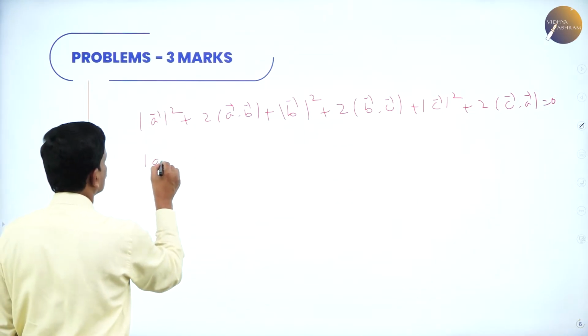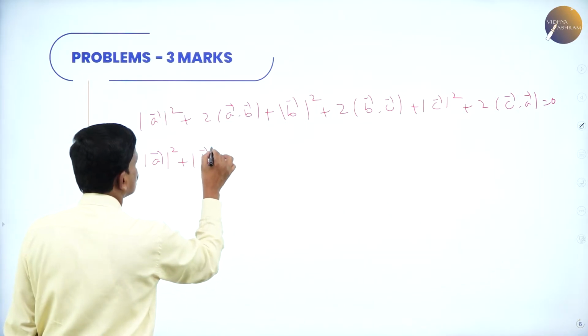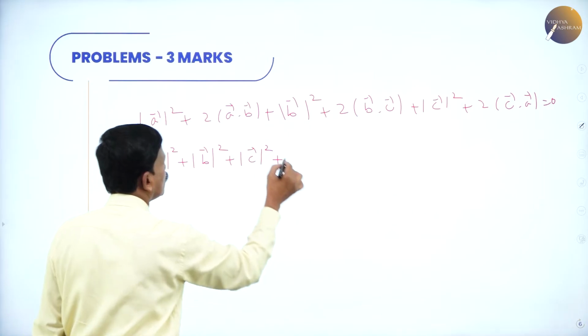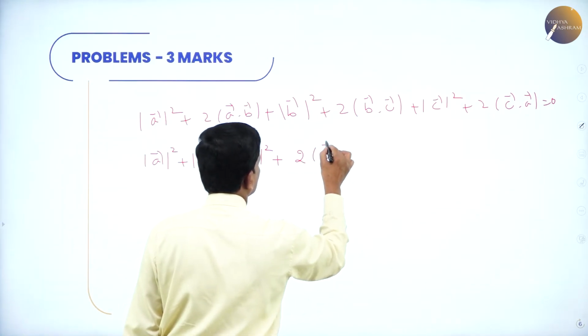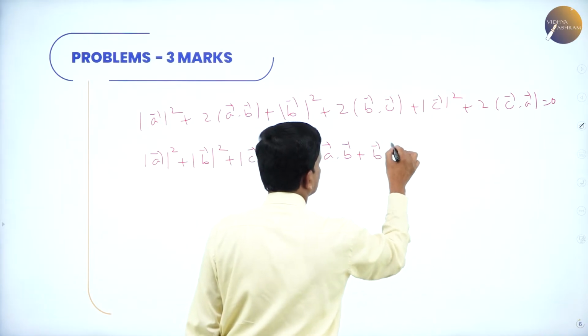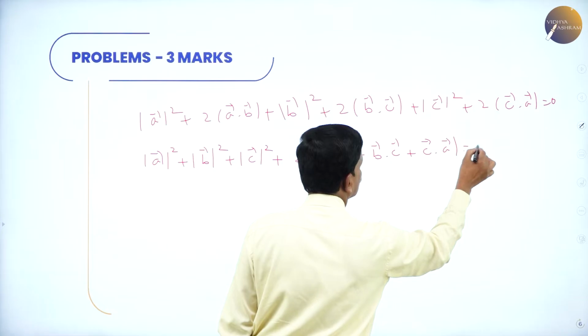This is length of A square plus length of B square plus length of C square. I can take 2 out as a common factor: 2 times A dot B plus B dot C plus C dot A is equal to 0.